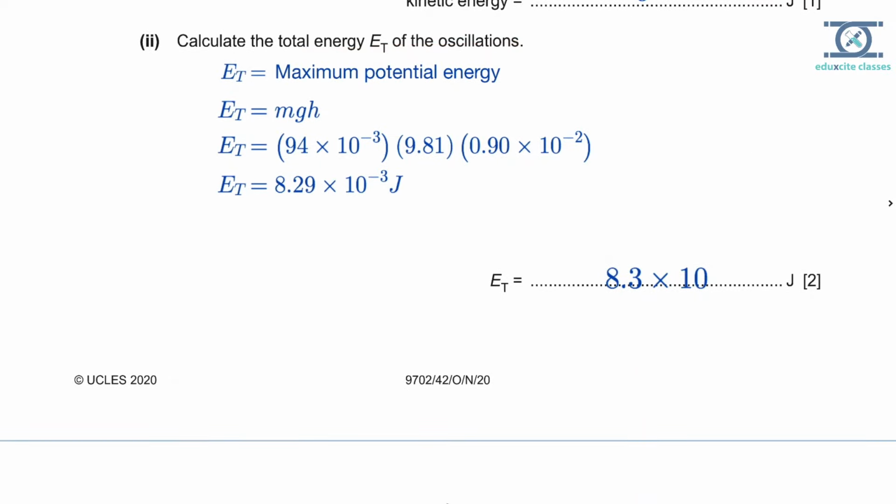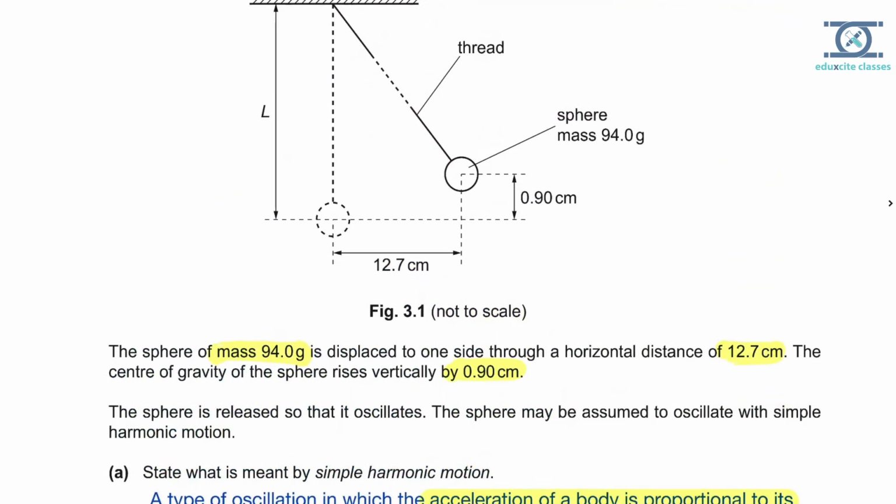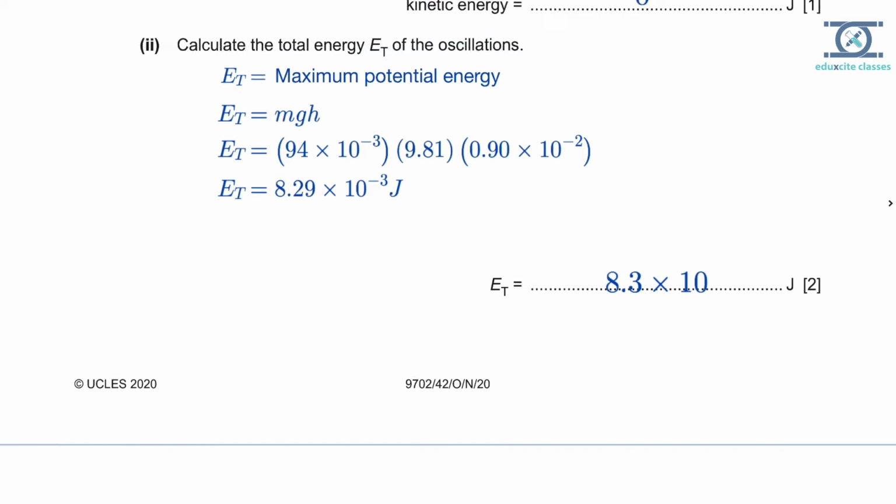Now calculate the total energy of the oscillation. The total energy will be the maximum potential energy at the displaced position. Whatever the total energy is, it is because of the change in gravitational potential energy, and it has reached the maximum, which is 0.9 centimeter from the mean, or undisplaced, position.